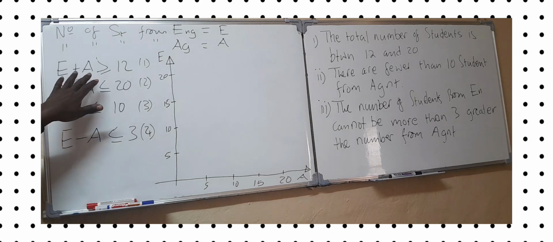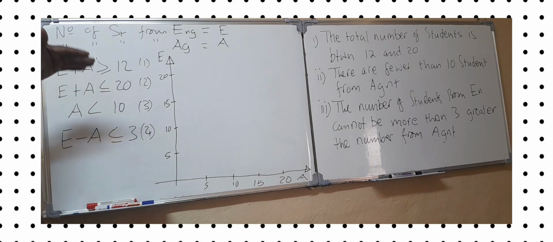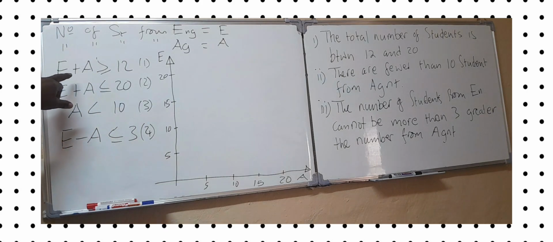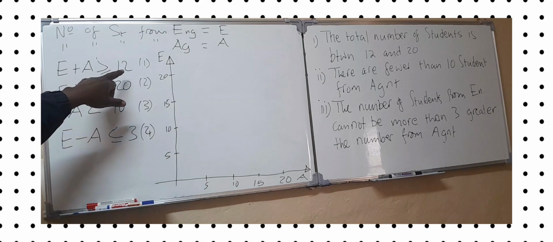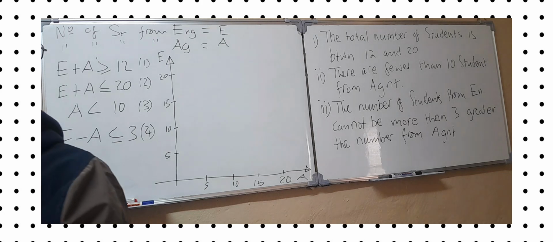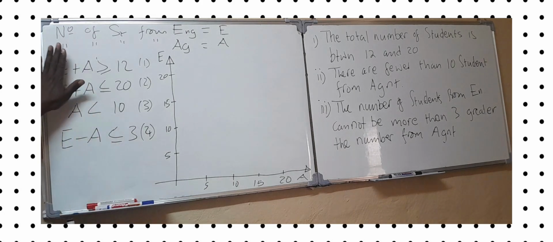Now, when you have got an inequality like this, if you want to plot it, you replace the inequality sign with an equal sign. So this now is going to be E plus A is equal to 12, right? So how do we do that? When E is 0, what will be A?